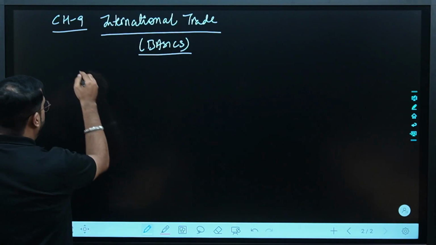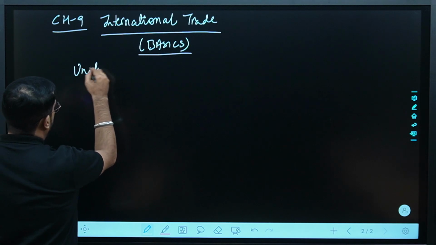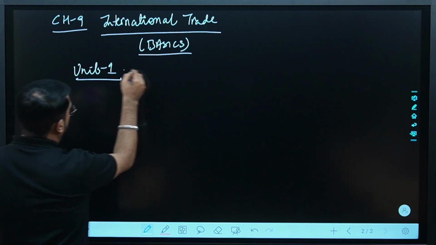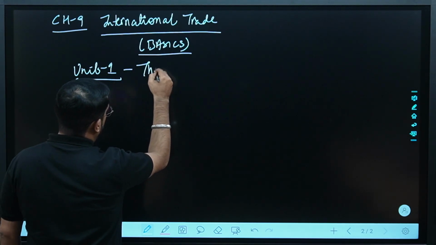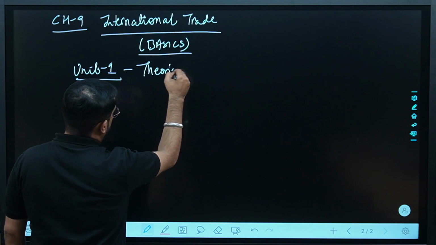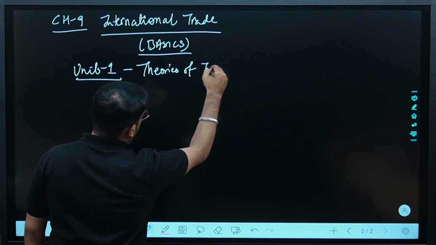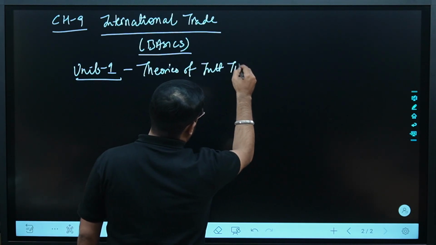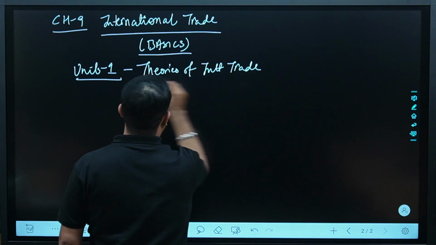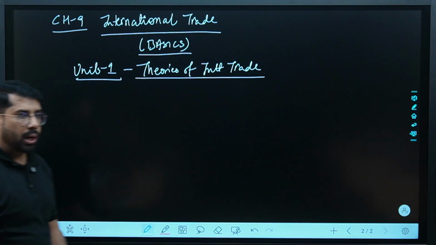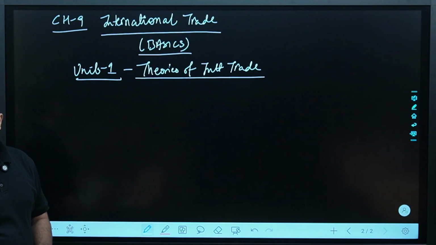Whatever things we are doing today forms unit number 1, that is the theories of international trade. Are you clear? Right?